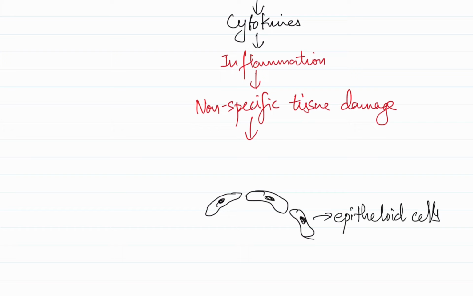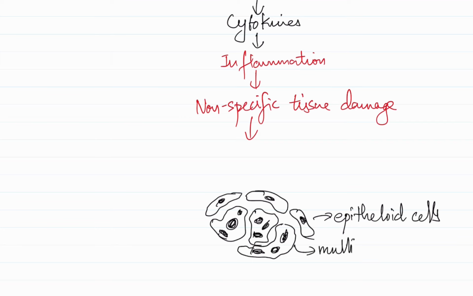Then some of these epithelioid cells will fuse, two or three of them will fuse, and they will form large multinucleated giant cells. So these are the multinucleated giant cells.